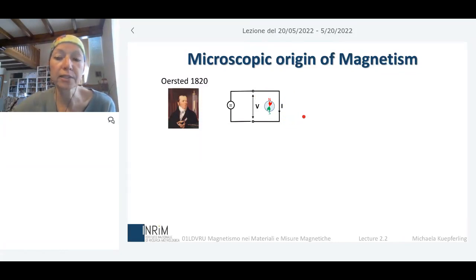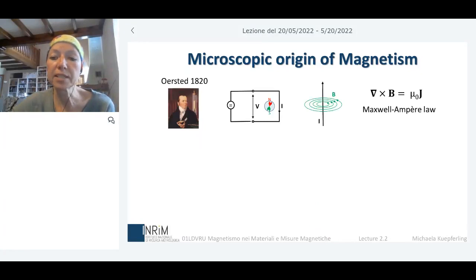This was a fortunate mistake, because while Ørsted did not observe anything with the electric field, with the electric current flowing, the compass moves. And this is also a very nice experiment you can do. It's very simple to see. So it was clear that there must be a connection between an electric current and the magnetic field.